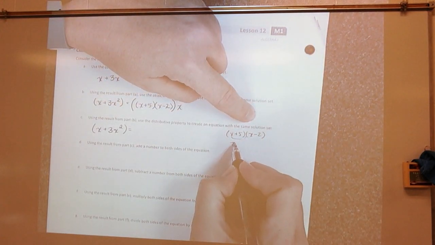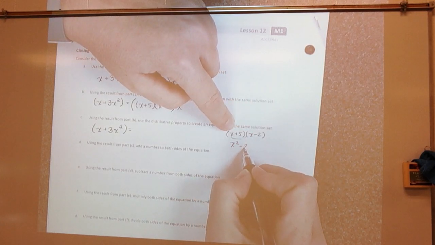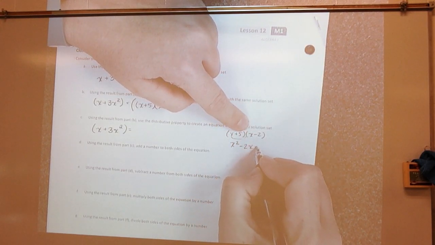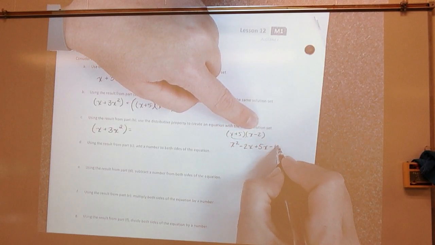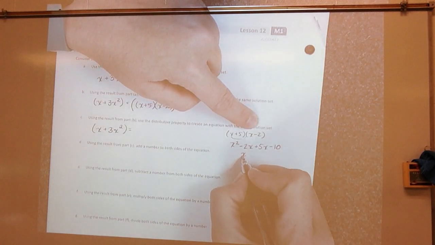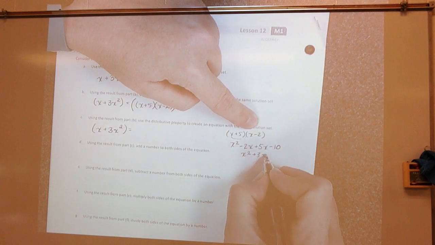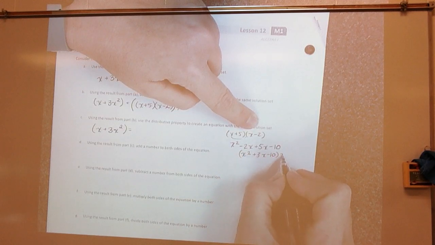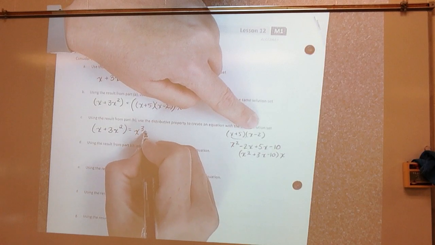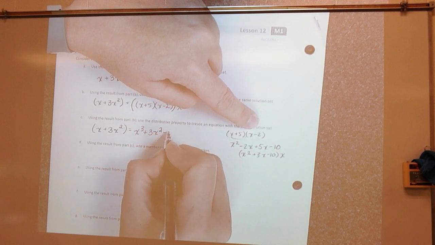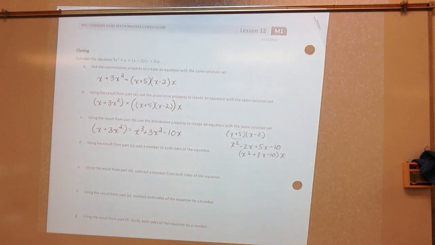X times x is x squared. X times negative 2 is negative 2x. X times 5x is 5x. And 5 times negative 2 is negative 10. So I end up with x squared plus 3x minus 10. And now I need to multiply that times x. So I get x cubed plus 3x squared minus 10x. And all I did was I used that distributive property and got rid of all those parentheses there. Okay?